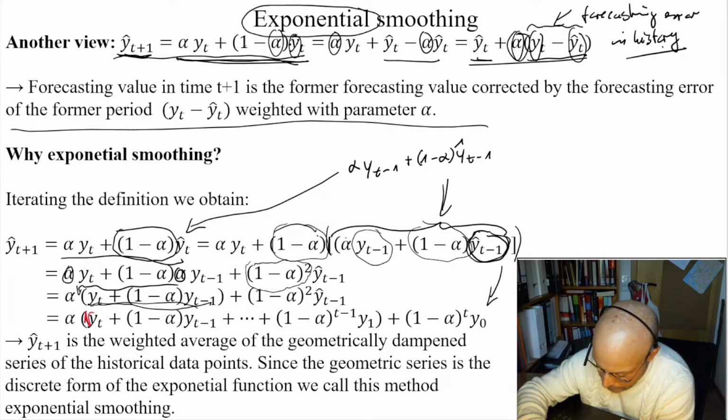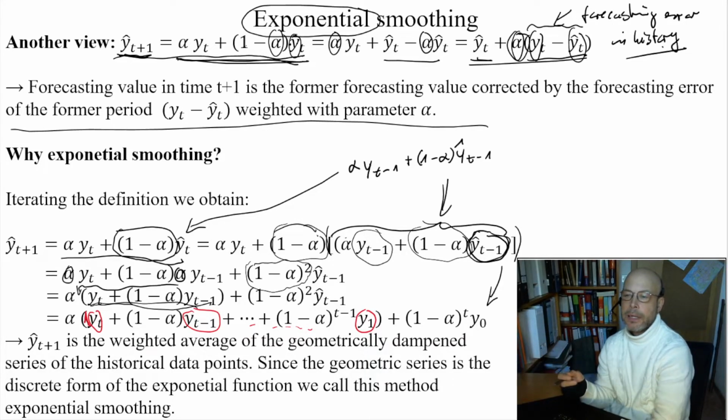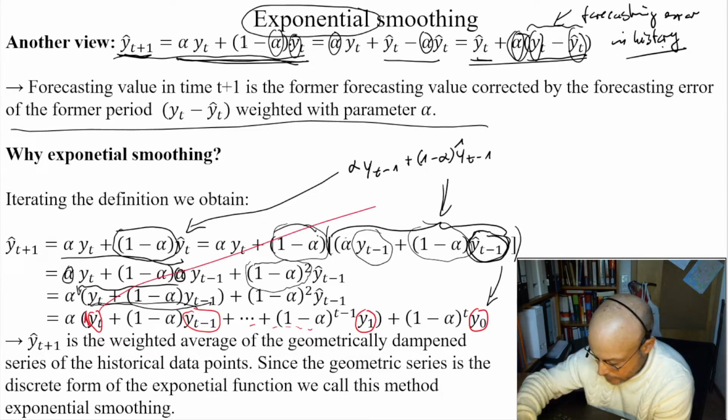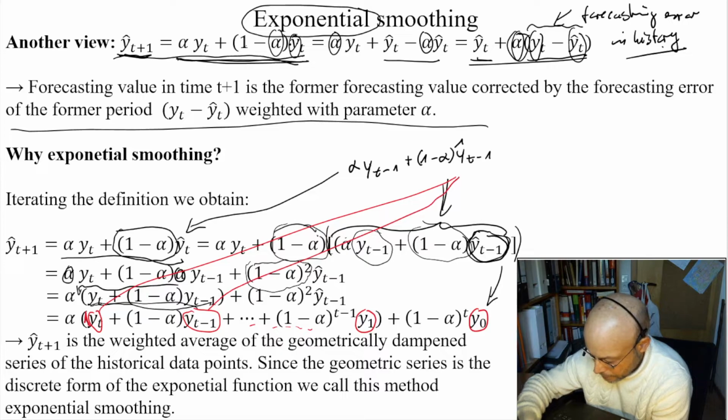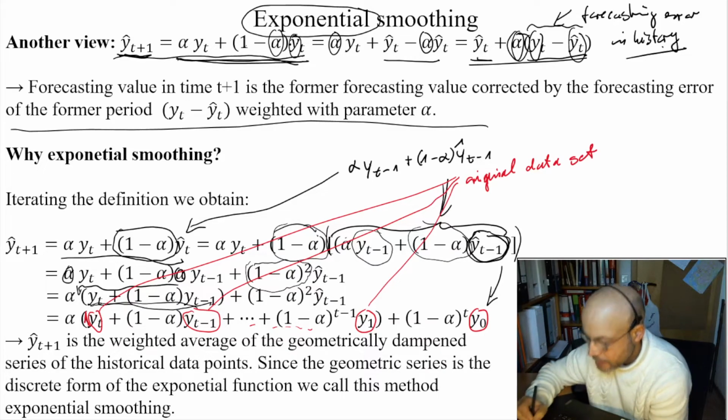So we have y_t minus 1, and so on until y_1, our second data point, and also y_t0. If we take this together, then this is our original data set.